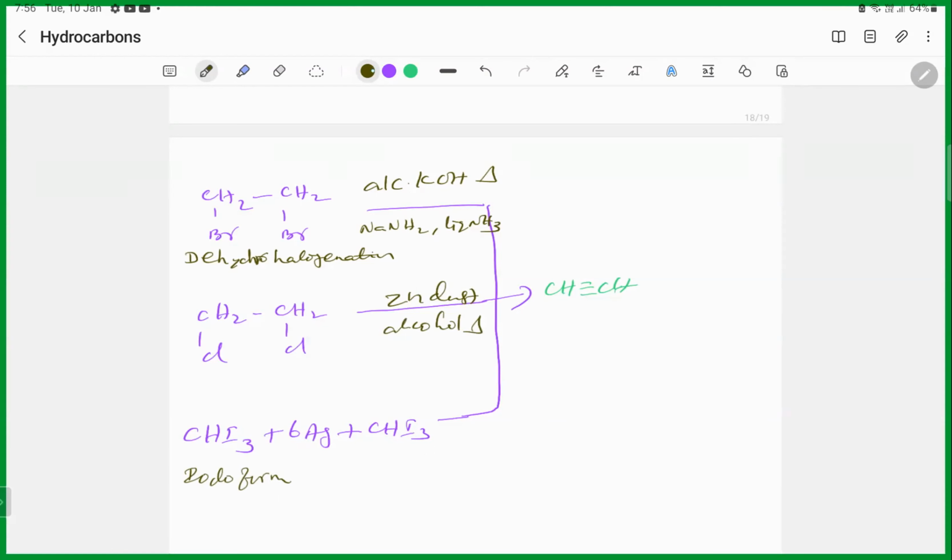Same way, another method is when you have fumarate, Kolbe's electrolysis.